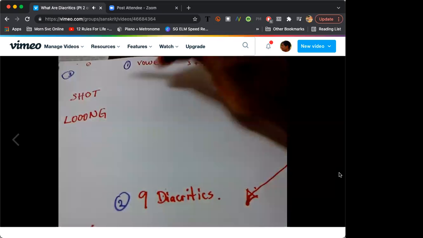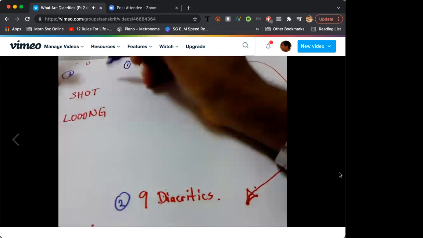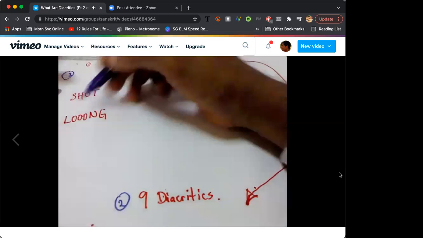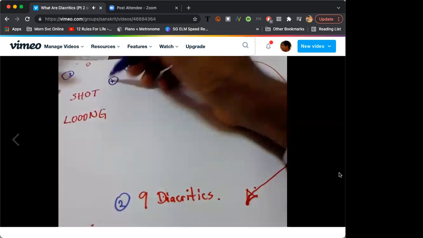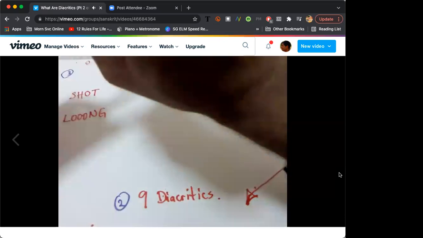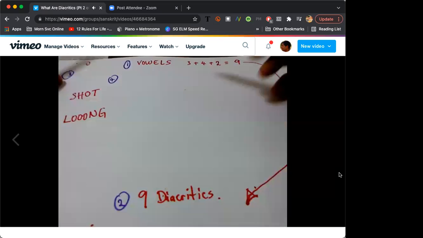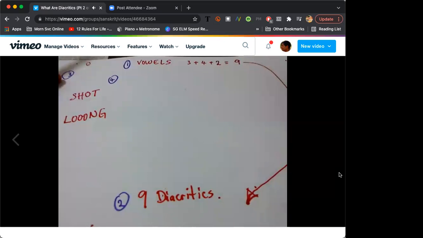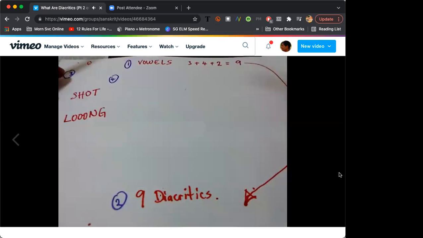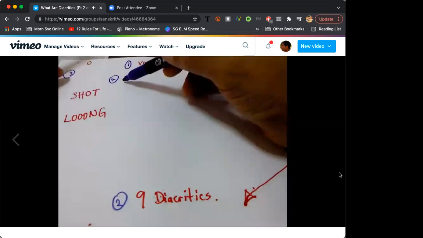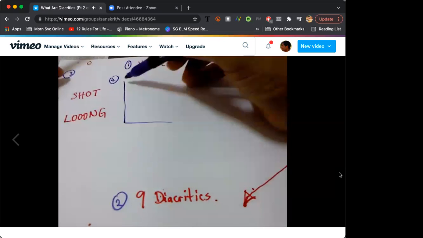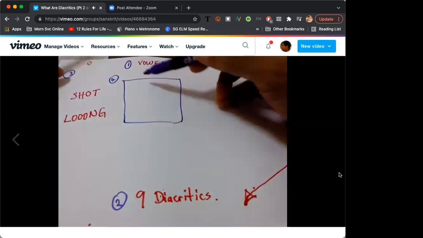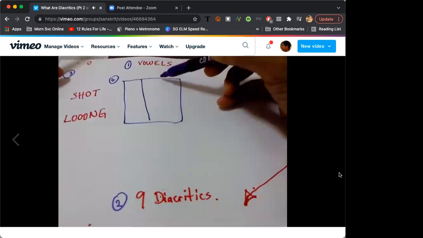Then step 4. This is step 3 to write these 2. Step 4, you have to draw in the columns, and the columns must follow this pattern: 3, 4, and 2. Right. So 3 columns. One, 2, 3.